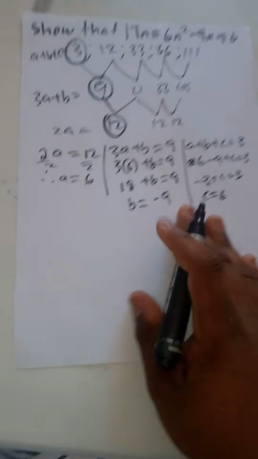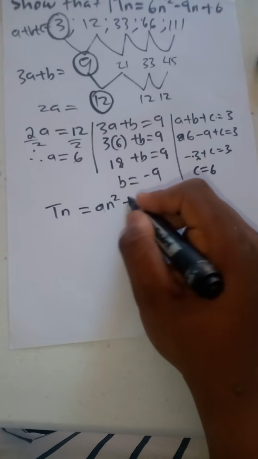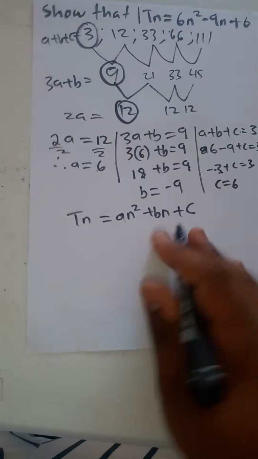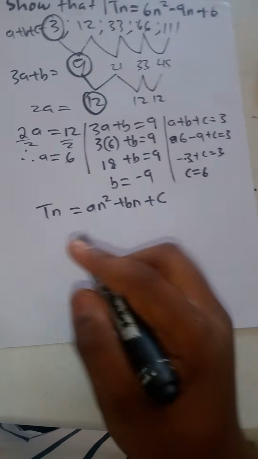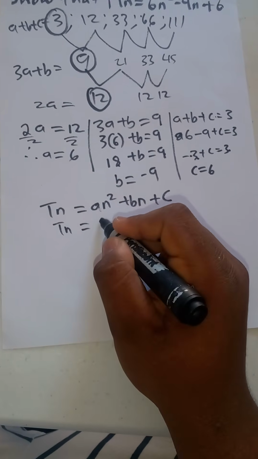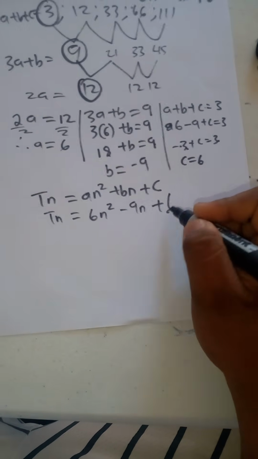Then that's when you can write Tn is equal to an squared plus bn plus c, and then we say Tn is equal to 6n squared minus 9n plus 6.